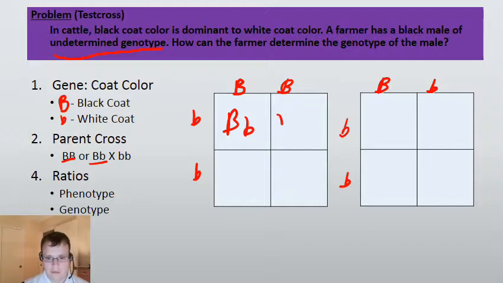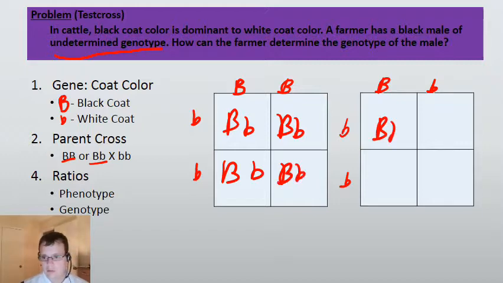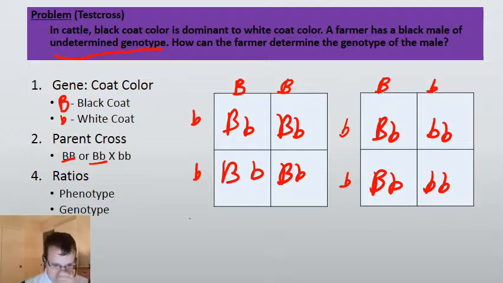So all of these are going to be like this. Going to be all heterozygous, and then here we'll come out with 50% black and 50% white. So if we just do the ratio, so the phenotype for this one, we have black versus white. Okay. In this case, are we going to have any white?